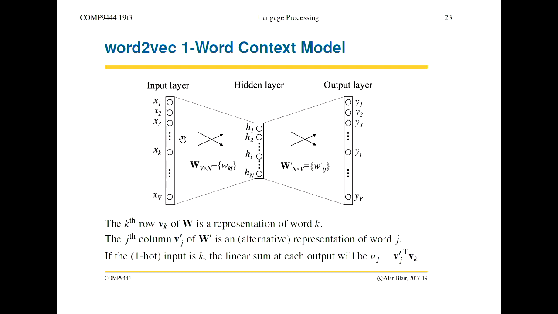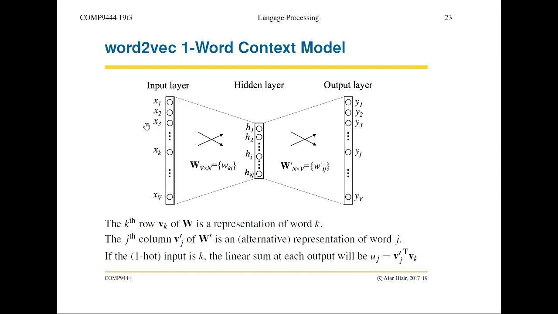The weights from this unit to the hidden units can be treated as the representation of this word, and these weights to this unit can be treated as the alternate representation for that word. And then when you take the dot product, this gives you the softmax activation, and the dot product is written like this: Vj transpose V. Vk.